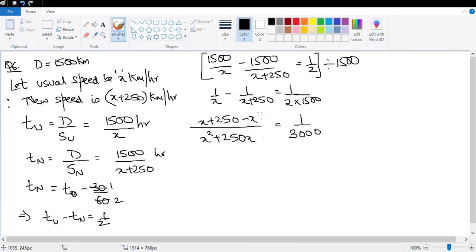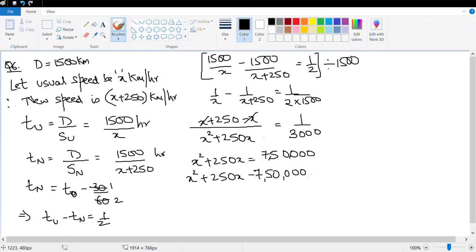Perfect, 3000. This gets cancelled. So x square plus 250x is equal to 3 into 25, that's 75. 3 zeros here, 1 here. So 4 zeros. 1, 2, 3, 4. 7,50,000. Big number, x square plus 250x minus 7,50,000 is equal to 0.